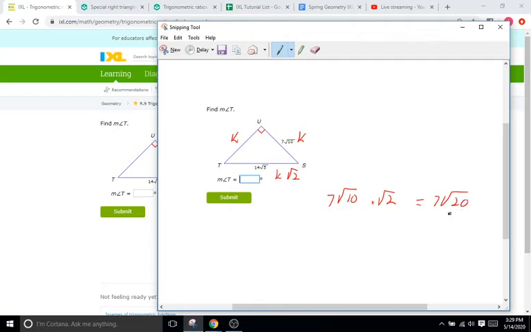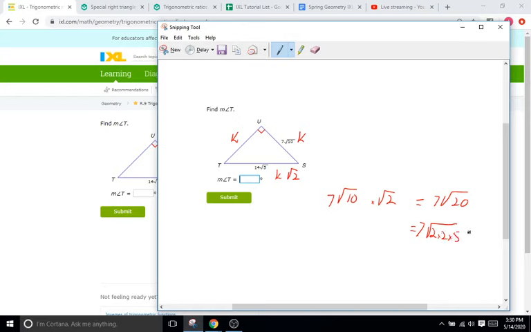Okay, is there anything we can do here? Well, yes, there is. We can factor the 20, so we can turn this into 7 square roots of 2 times 2 times 5, which is 20.